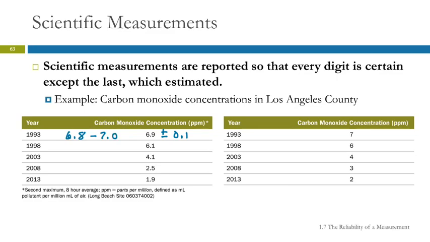If that's expressed as just 7, well, that also implies plus or minus 1 in the uncertain digit. Here the uncertain digit is in the ones place, so that would be plus or minus 1. And so that would imply between 6 and 8 parts per million. This is not nearly as precise as that. This is really more of an estimate, right?